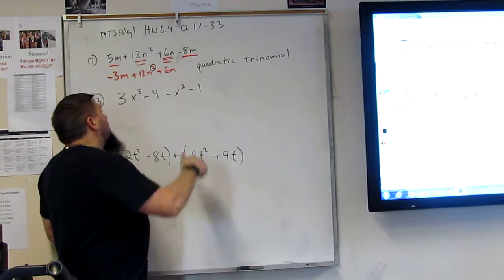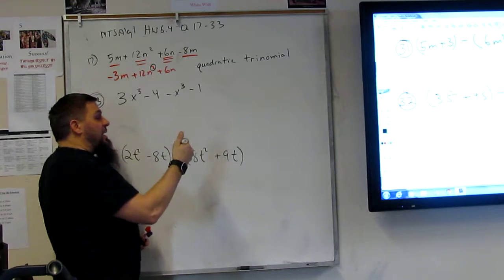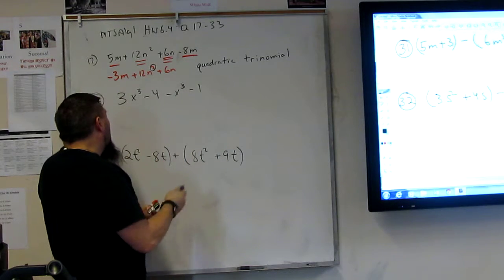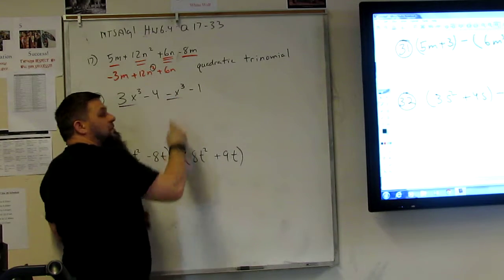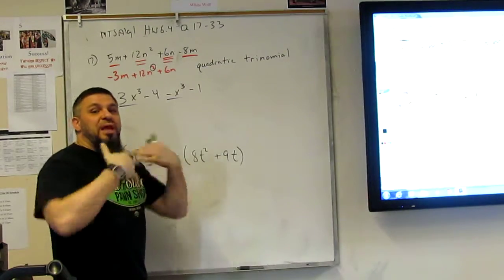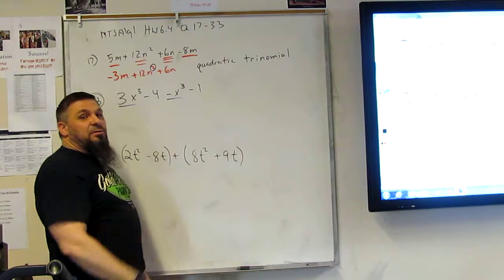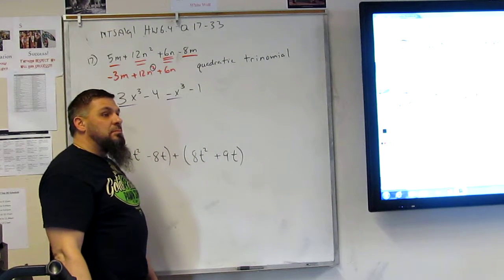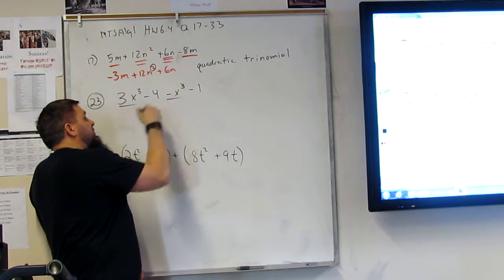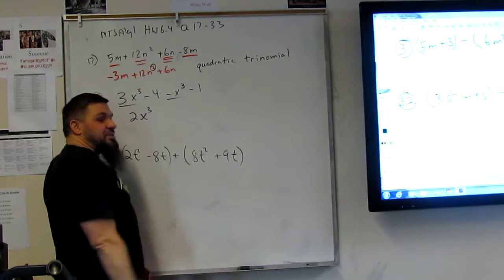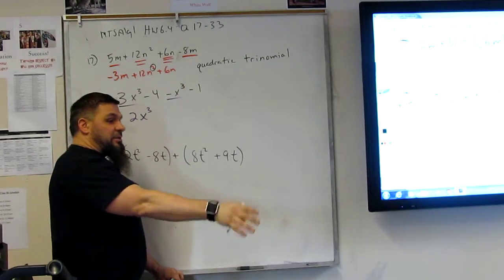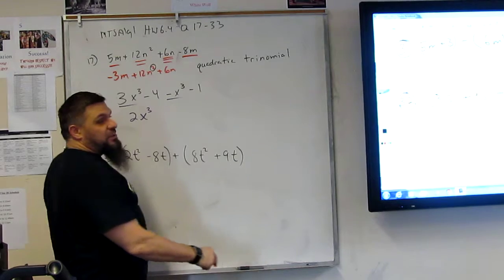On this one, I'm taking the cubes. Because they're both x cubed, I can add them. So what's 3 minus 1? 2. X cubed. It's really hard to learn this if you're outside or if you don't have your notes that you're taking.